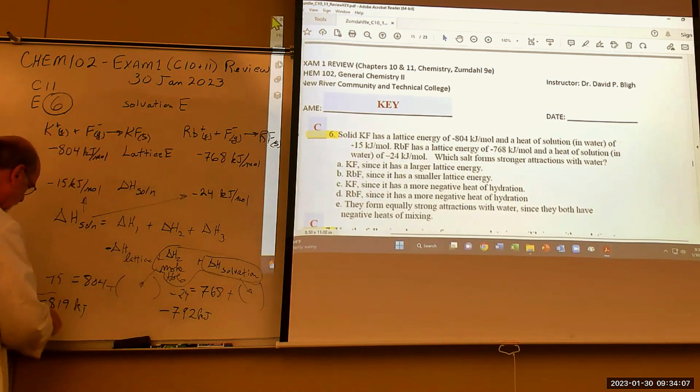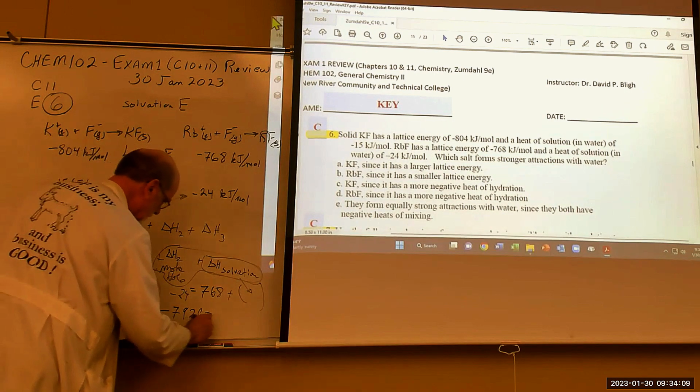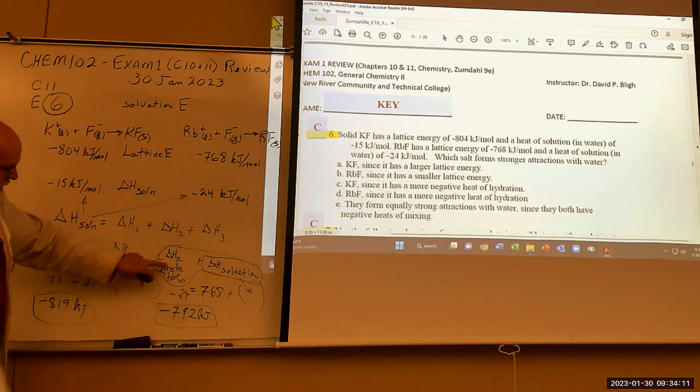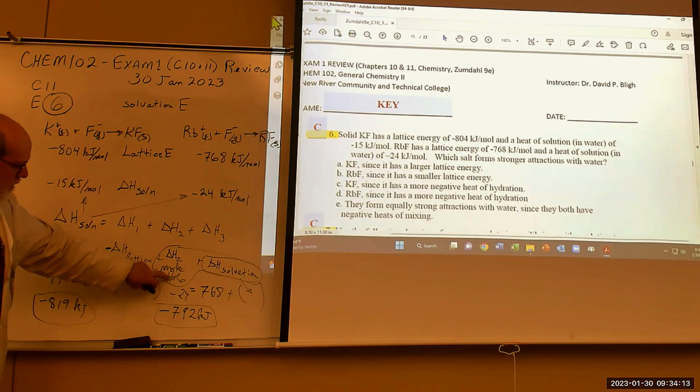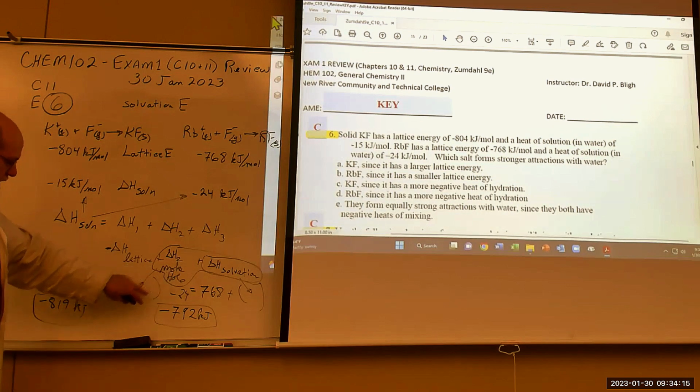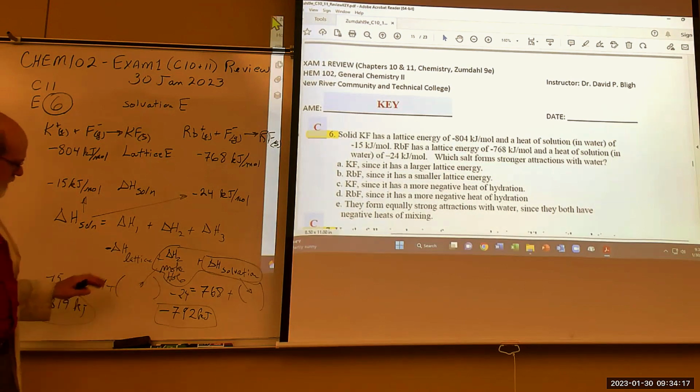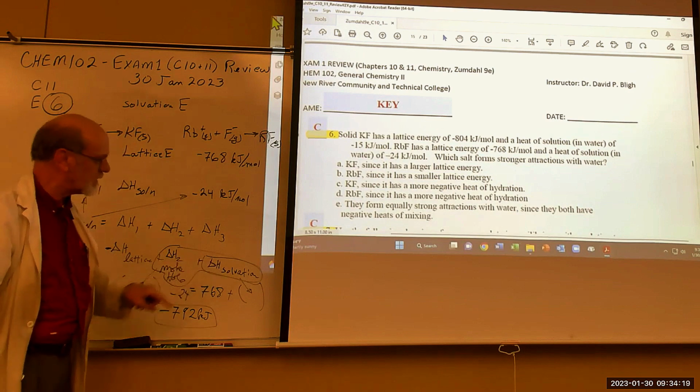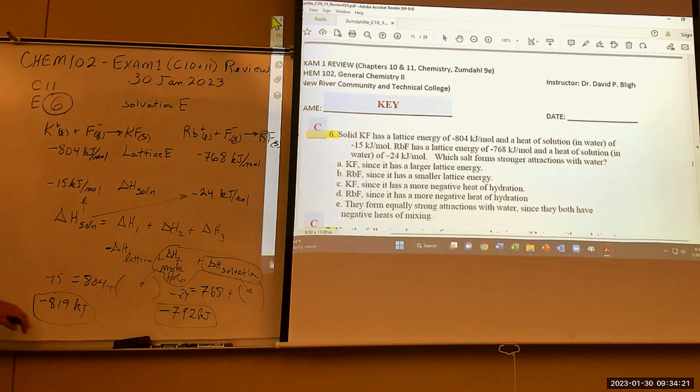Okay, so we're comparing these two. And since the delta H for making a hole in water is the same, then these differences can be attributed to a difference in heat of solvation. This is an exothermic process, so the heat of solvation for KF should be much higher.